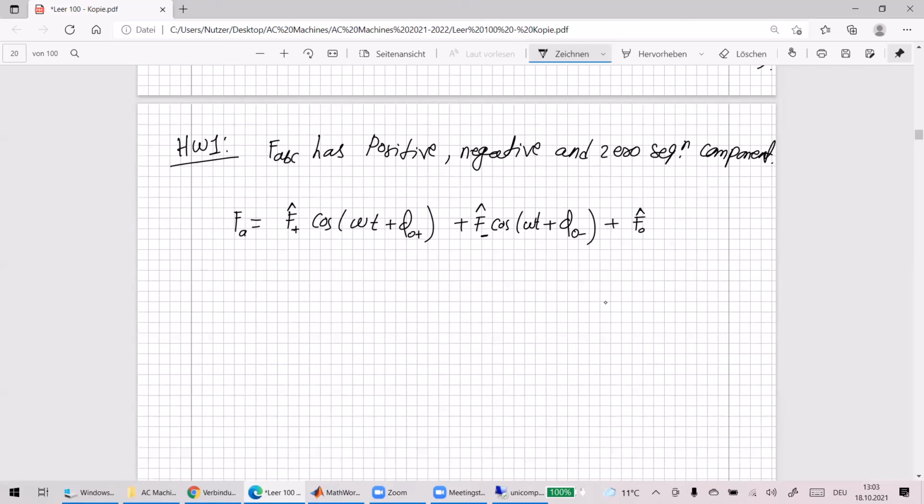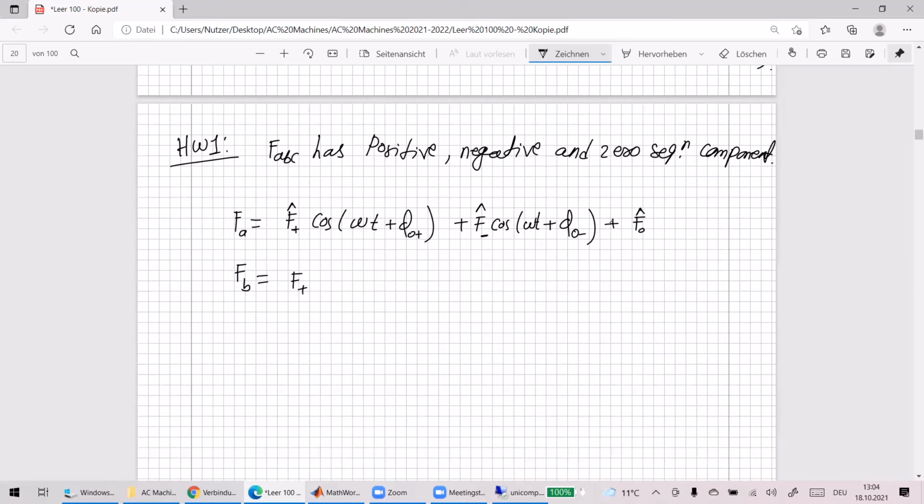So which one is positive in this? The first, second, or third? The first one is positive because I wrote positive there. The second one is negative. And the last one is zero sequence.